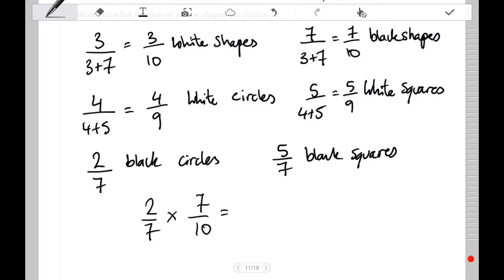So what I'm saying here is that out of all the black shapes, which in this case is 7 out of 10 of all the shapes, how many of them are black circles? Well, it's 2 over 7 multiplied by 7 over 10, which gives me 14 over 70. This can be simplified to 1/5.